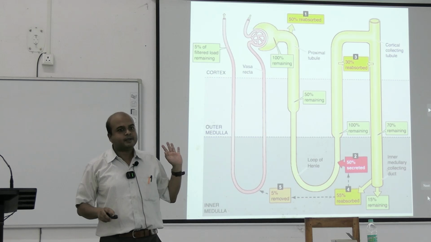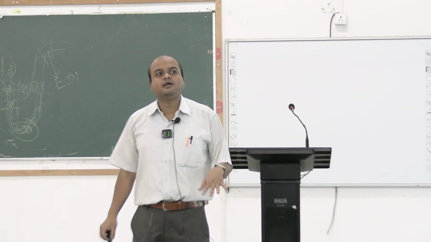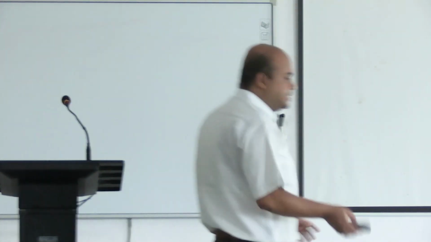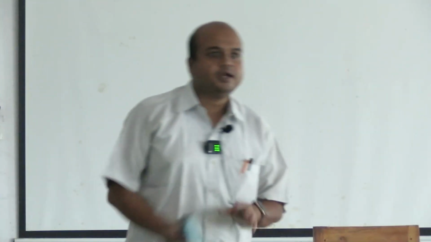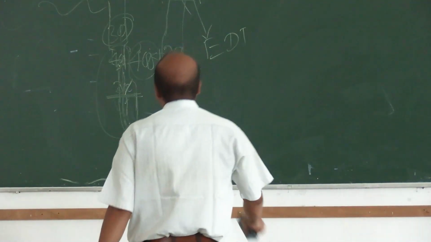This is just for depiction, but otherwise it will dissipate whatever is achieved by the loop of Henle. If the adjoining blood vessels do not support it, it will be dissipated away.